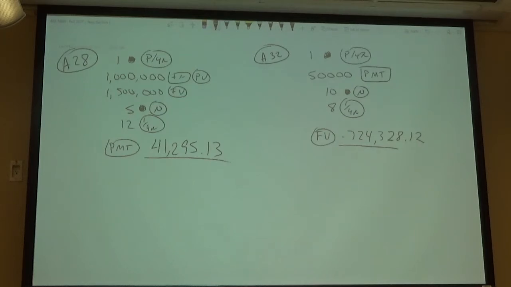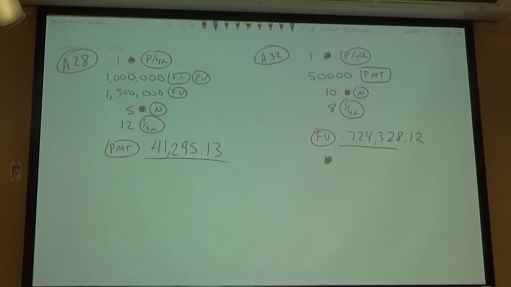Everybody get that? Yes or no? Okay. Now, I got 713 from... well, hold on. If we make the assumption that we're getting the payments at the beginning of the year and investing them, then we would actually end up with $782,274.37.